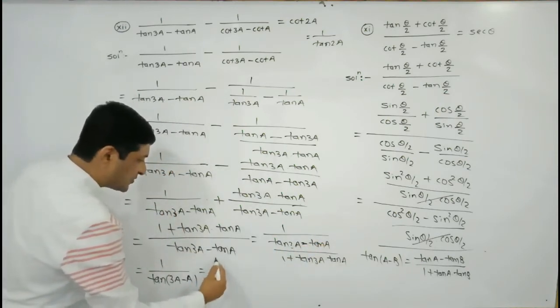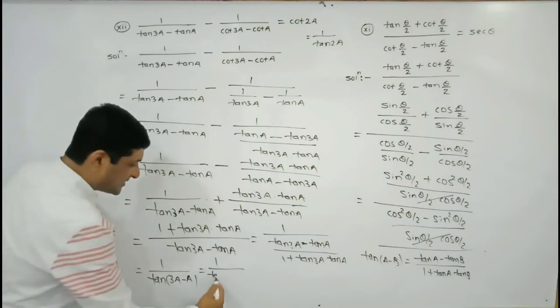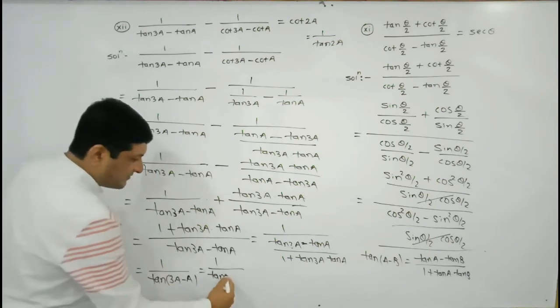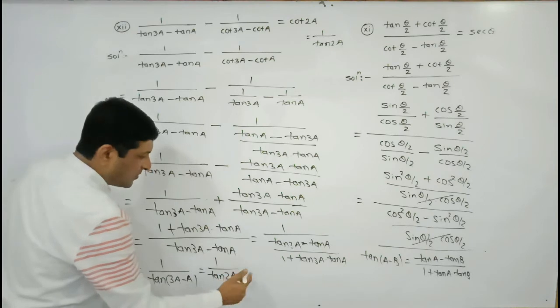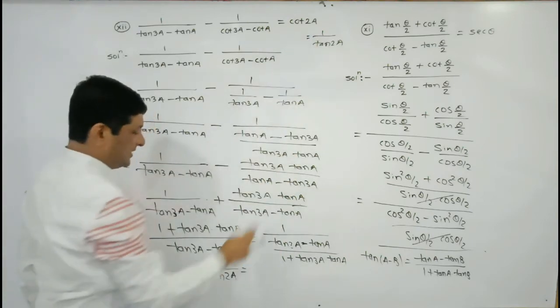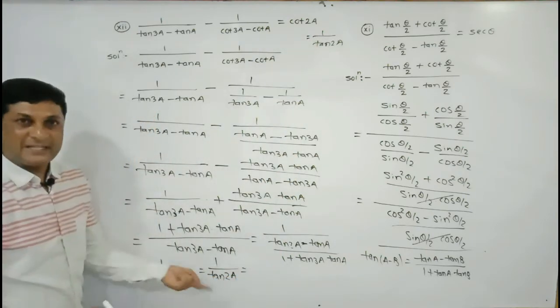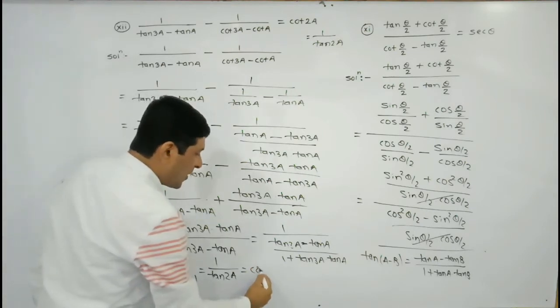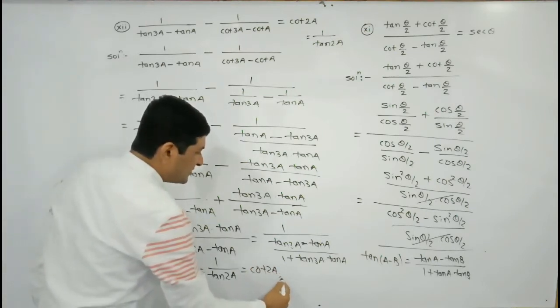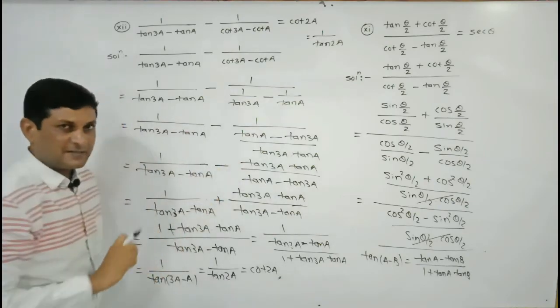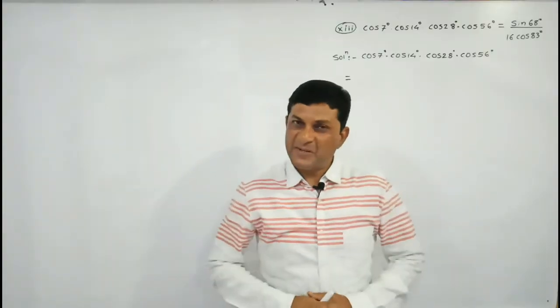So which is equals to 1 upon tan, keep it as it is, 3a minus a will be equals to 2a, and we have got tan 2a in the denominator. If we are taking the reciprocal of tan, we will get cot 2a, which is nothing but our required result. So now observe example number 13.